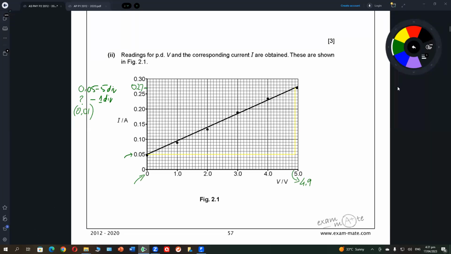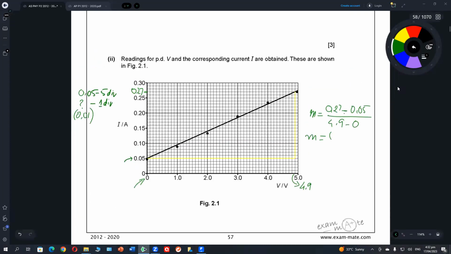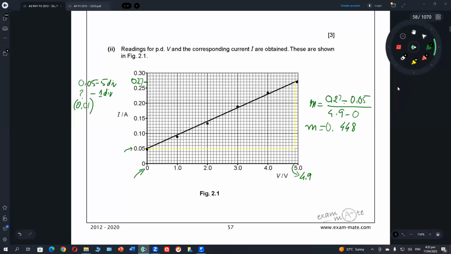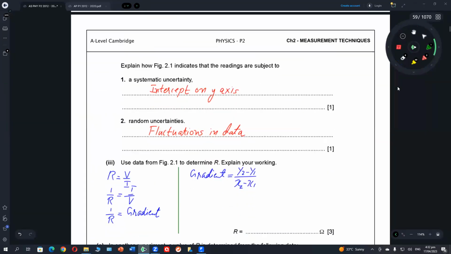Now you take out the gradient for me. 0.27 minus 0.05 upon 4.9 minus 0. I'm getting 0.0448.